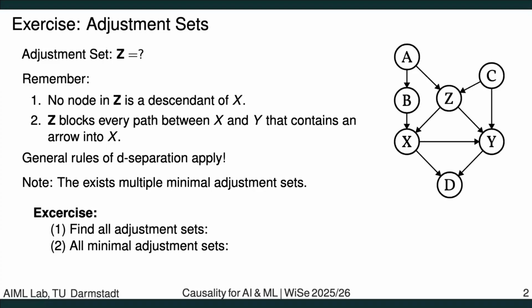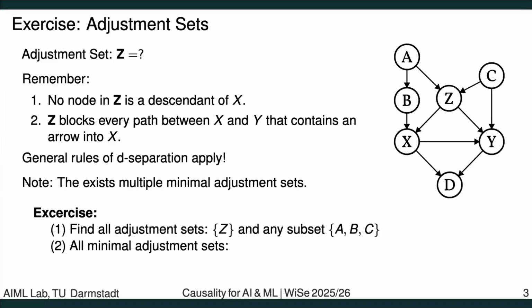And then because we need to adjust for Z, we open this collider structure between A and C. And therefore, to block this path from B via A, via Z, via C, we also need to block it by adjusting for B or C. Slight correction here.